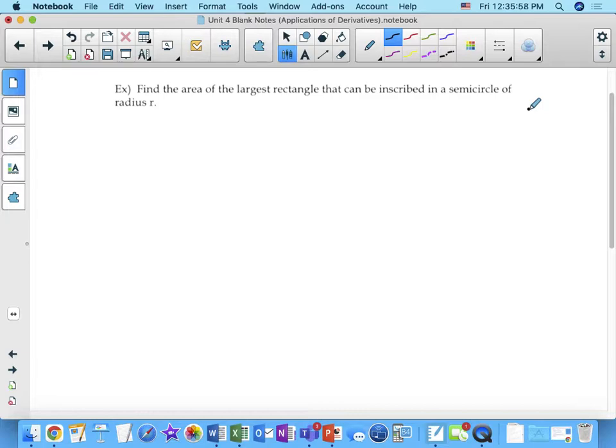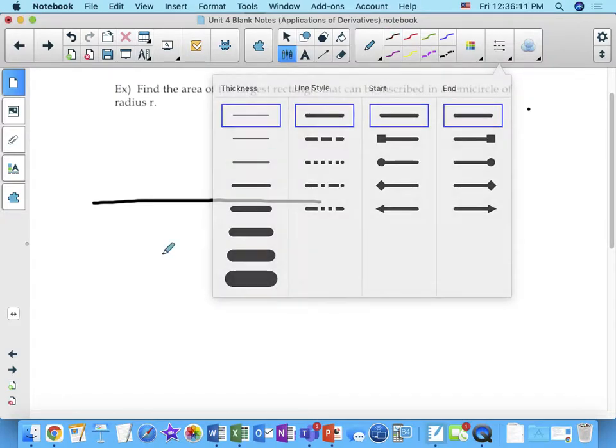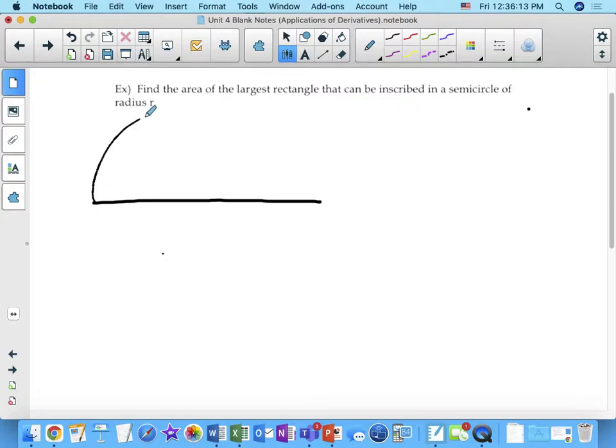So what we need to do to start is draw this. I'm going to draw a semicircle. Let's change the thickness. We're told that the radius of this thing is r.